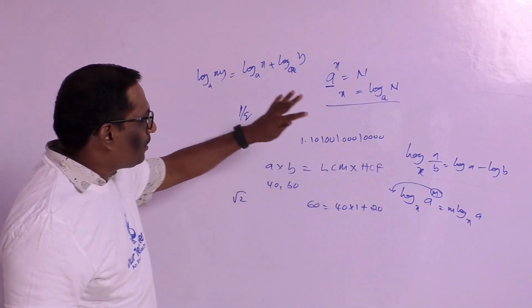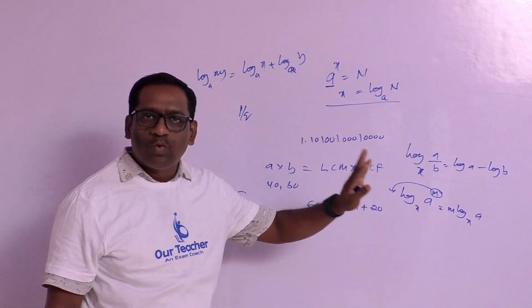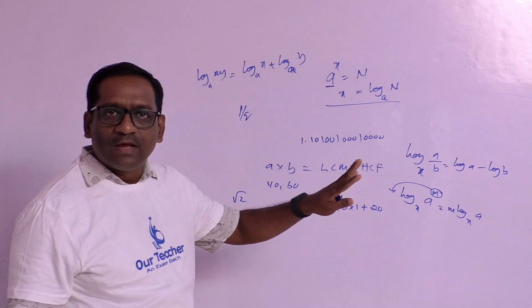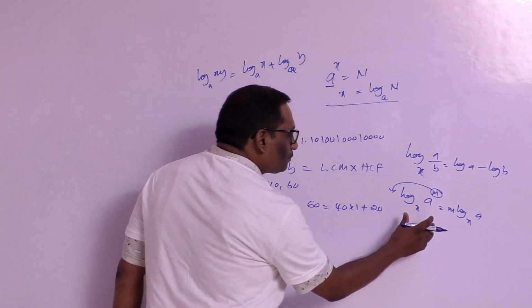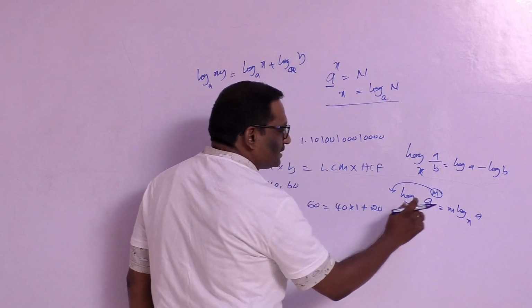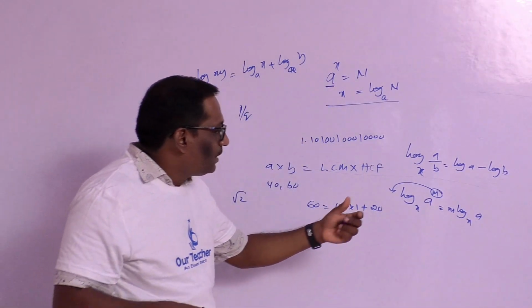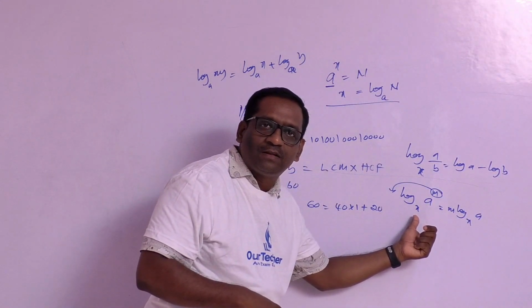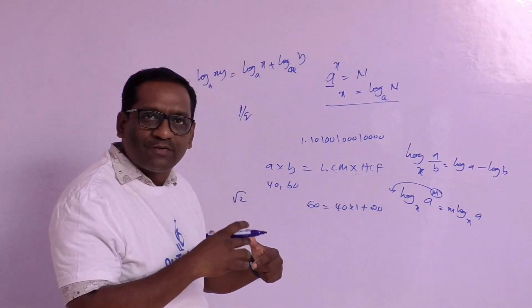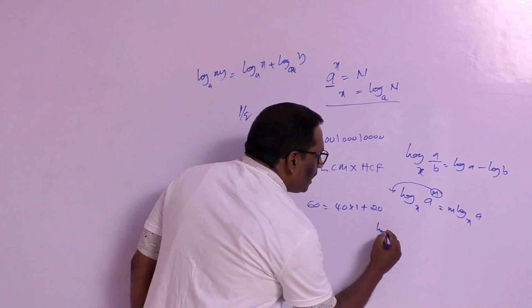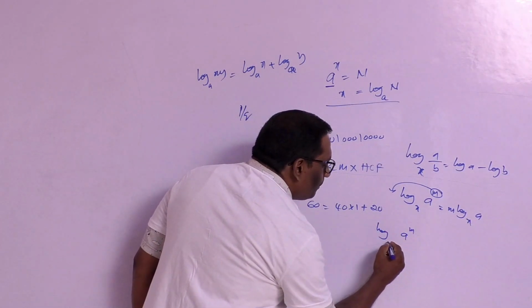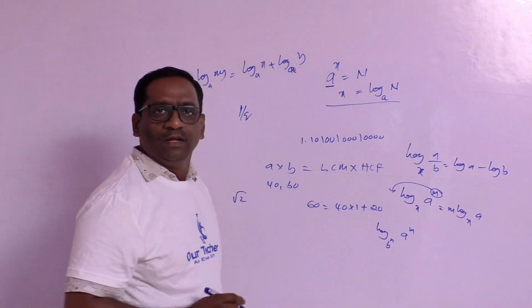These three formulae play a very important role in this first chapter. That means log a power m to the base x is equal to m log a. Sometimes we may have doubts. If you get exponents on both sides, what is the formula? Log a power m to the base b power n, if it is there, what to write?